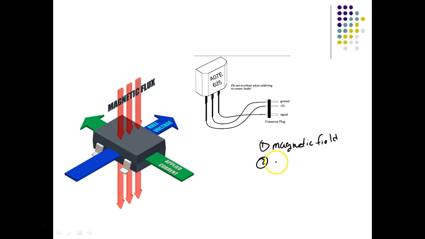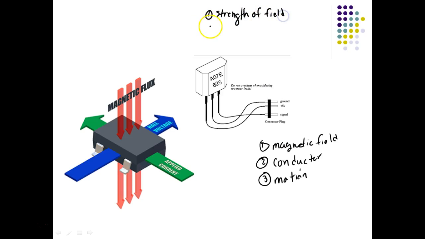So what's the next thing we need beside a magnetic field? Now, what determines the amount is the strength of the magnetic field. The next thing is the number of conductor loops. And the third thing is the speed of the motion.